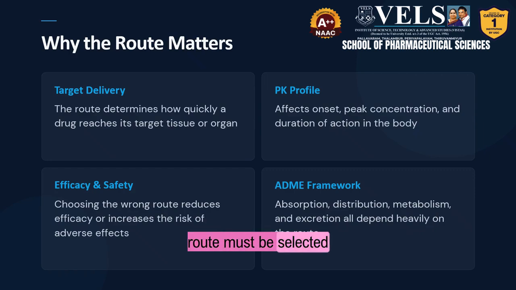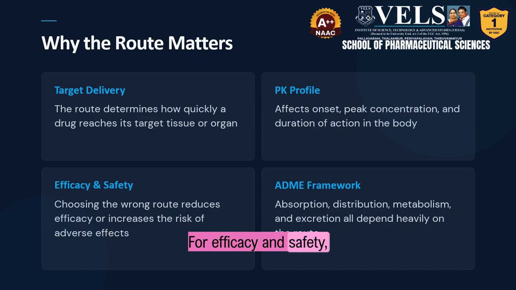The route must be selected according to the therapeutic objective and safety requirements. An inappropriate route may result in insufficient drug concentration at the target site, delayed therapeutic effect, excessively high plasma concentration, increased adverse effects, local tissue irritation or injury, and also poor patient compliance.